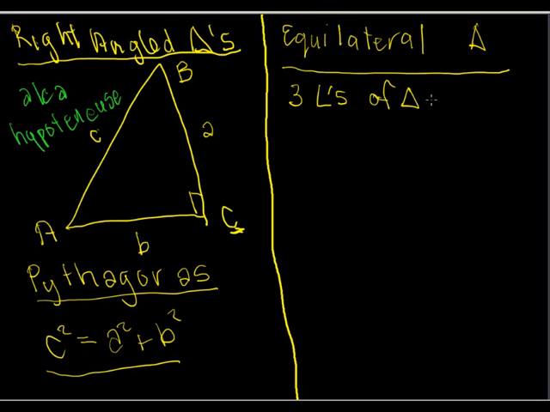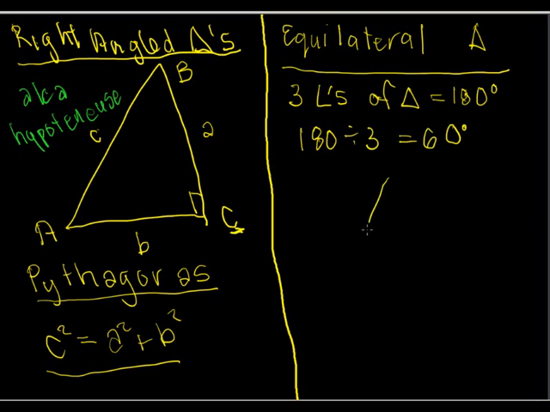Three angles of a triangle add to or equal 180 degrees when you add them up. So if we go 180 divided by 3, that's equal to 60 degrees. Now the thing about the equilateral triangle is this.